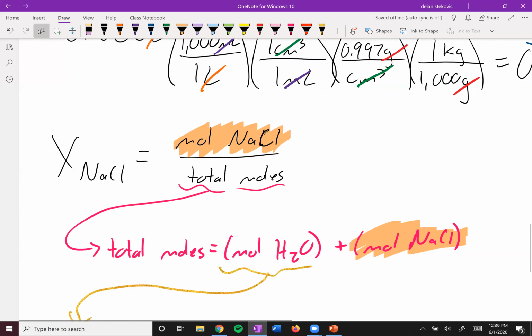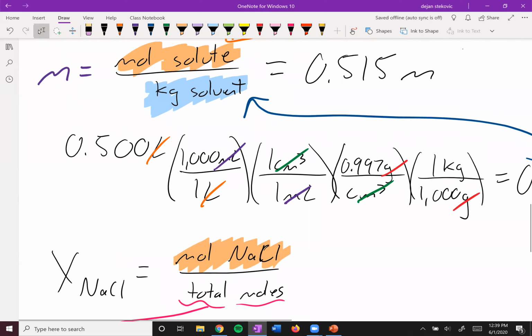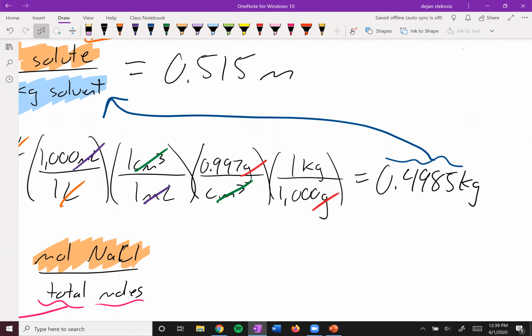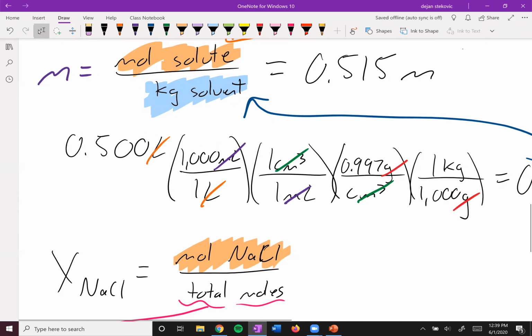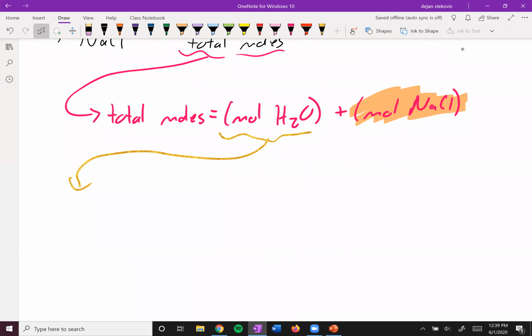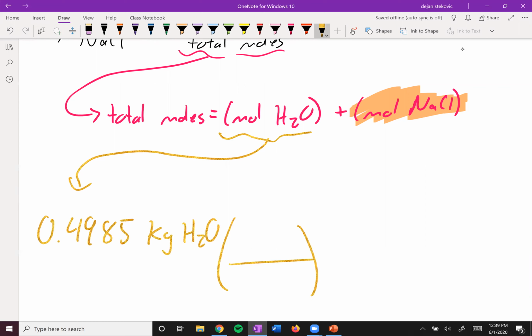We already have a mass of the water from our previous problem, right? 0.4985 kilograms of water. And then we need to convert that into grams.